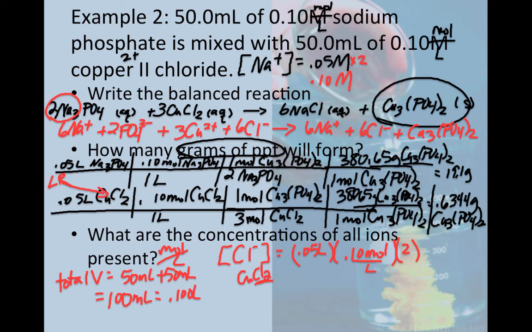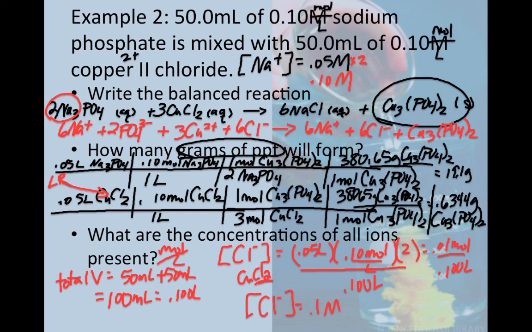So 0.05 liters times 0.10 moles times 2. And then I'm going to divide by my total volume so I can get my molar concentration. So chloride ions is 0.1 molar, just like my sodium ions were 0.1 molar.